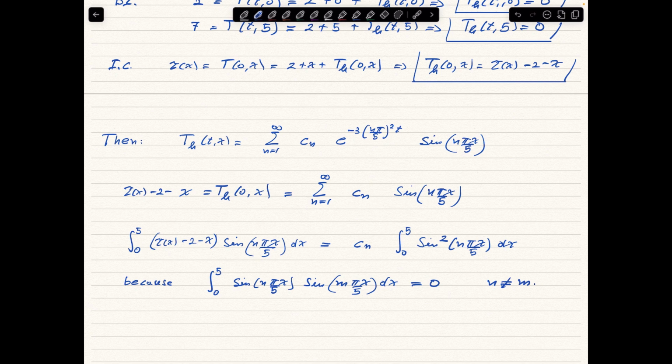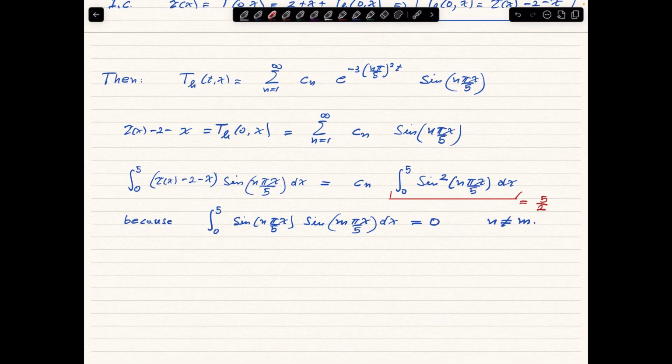This integral we have computed in previous videos, and it is independent of n; it is just 5 over 2. That is what we get by using a trigonometric identity. So we have a very nice formula for the coefficients, which is the formula in the theorem.